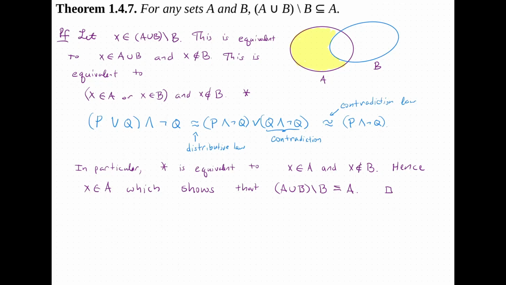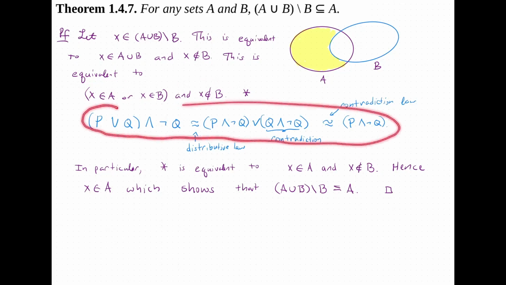It was understood as I was explaining it out loud that P is X in A and Q is X in B. But someone who did not hear the verbal explanation is then left with a gap where we go from here and we are expecting that reader to make this deduction that this is what we have.